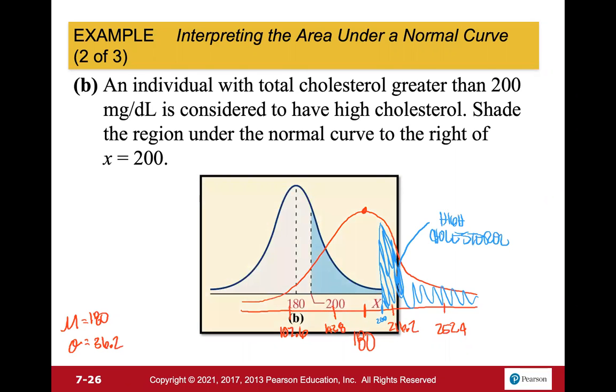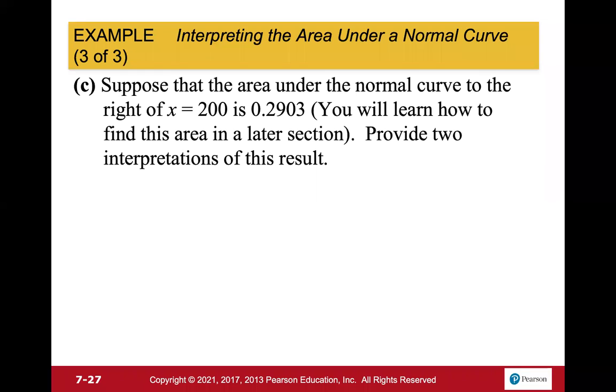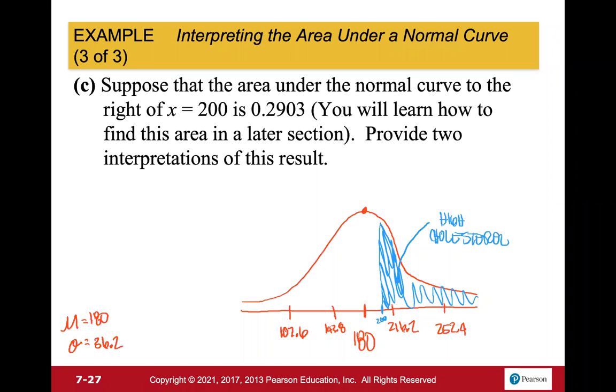And let's see what they say. All right, so they shaded that region there. And lastly, suppose the area under the normal curve to the right of 200 is 0.2903. So here we're saying that those values are cholesterol levels. The area here is also 0.2903. And you will learn how to find this area in a later section.